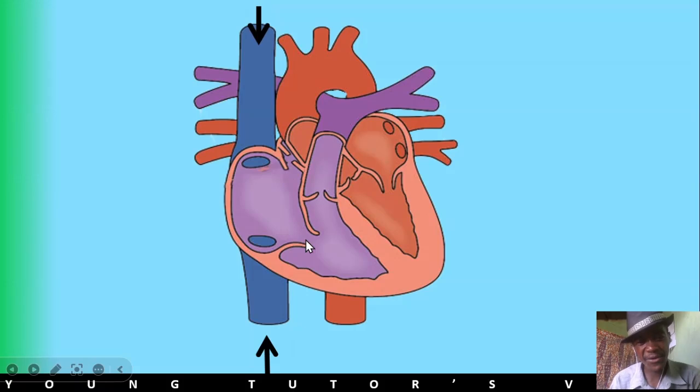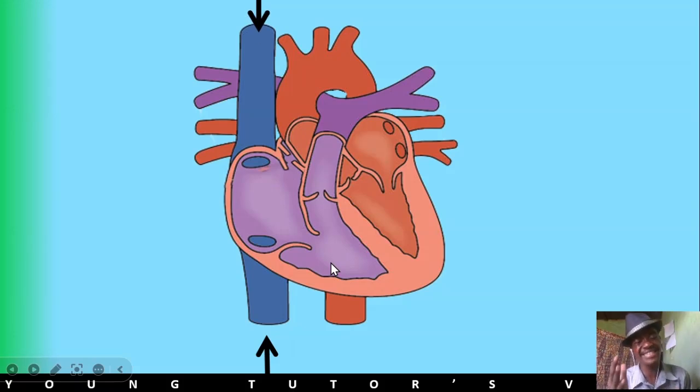So what do we see when blood is about to flow here? Only 20 to 30% of blood will flow through the right tricuspid valve, because it's functional. So 20 to 30% will flow into this right ventricle.